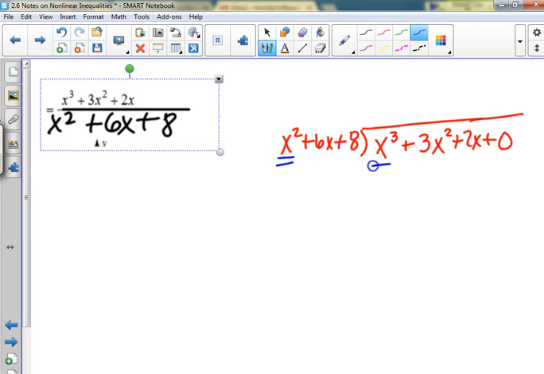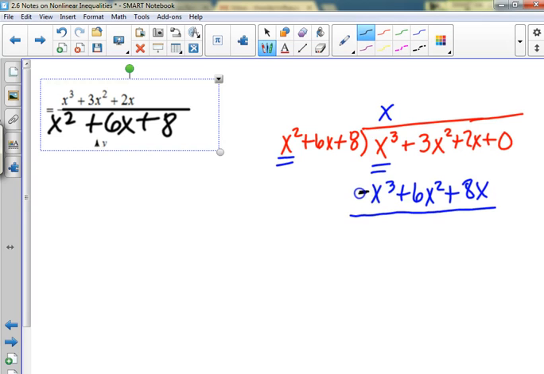X squared to become exactly x cubed. So if we distribute to all three of these terms, we get x cubed plus 6x squared plus 8x. But we have to remember that we're subtracting. So we subtract and get 0. We subtract here and get -3x squared. Subtract here and we get -6x.